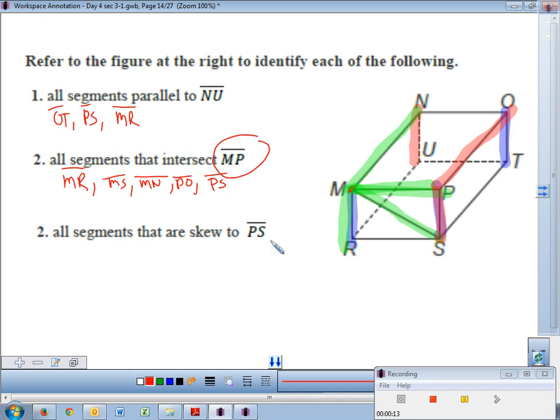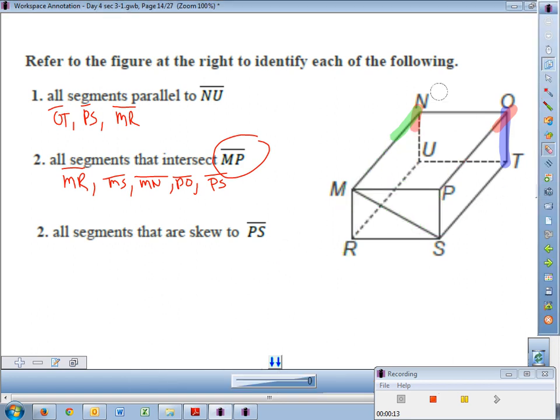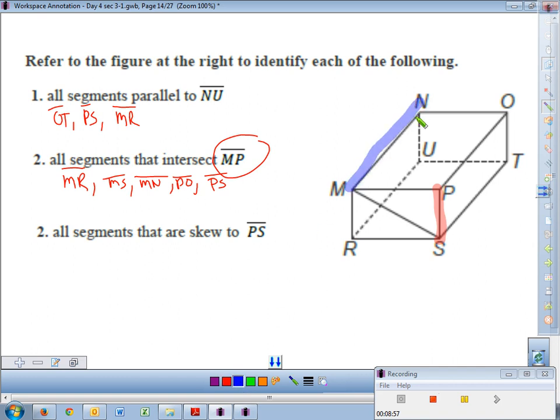All segments skew to segment PS. I have the luxury of being able to erase my highlighters, and you don't have that luxury. But let's see here, segment PS. Skew means guys that are going different directions and not touching it. So what do you think about this one? Definitely skew. Let me use my pen.